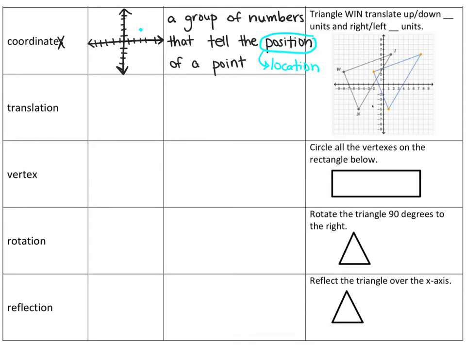So we look at the x-axis first. 1, 2, 3. Our x-axis is 3, comma, and then our y-axis is 1, 2, 2. And put a parentheses around it. The coordinate is (3, 2).